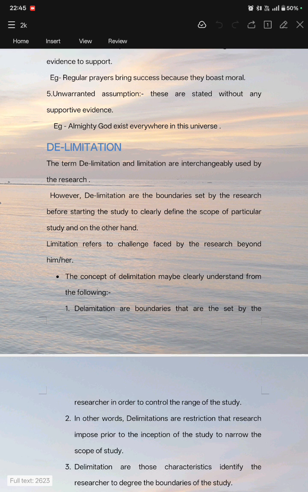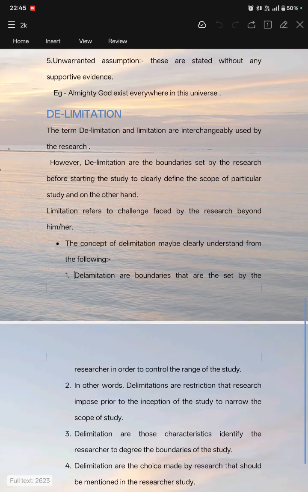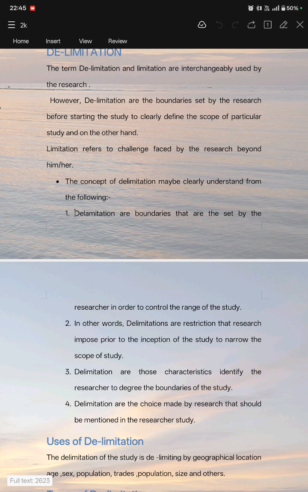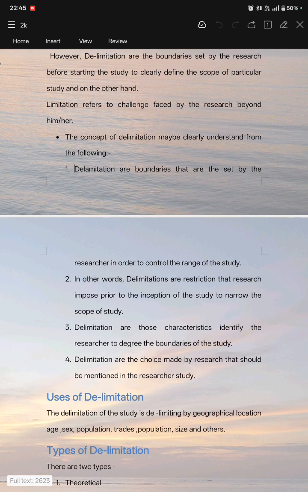The concept of delimitation may be clearly understood from the following. First, delimitations are boundaries that are set by a researcher in order to control the range of study.